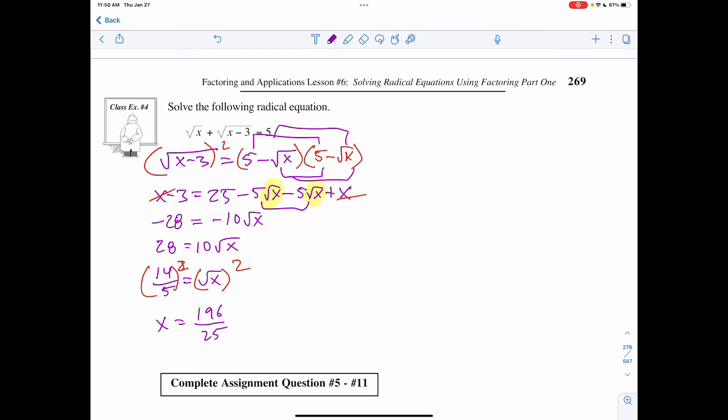Well, now I need to prove that it works. So I'm going to say that the square root of 196 over 25 plus the square root of 196 over 25 minus 3 is equal to 5. Well, we already know the square root of 196 over 25 is going to be 14 over 5 because we squared them out.